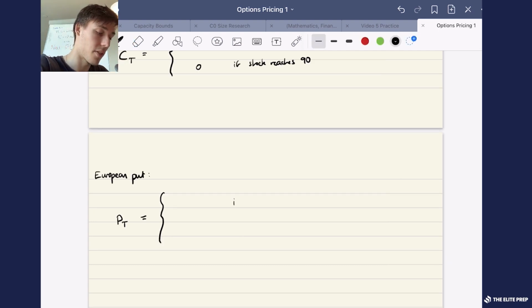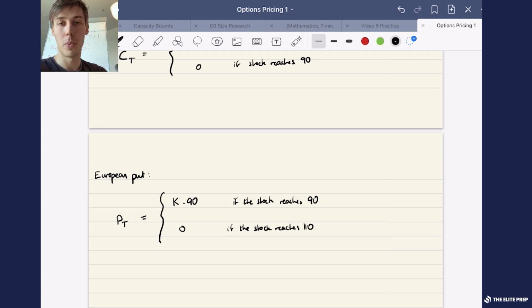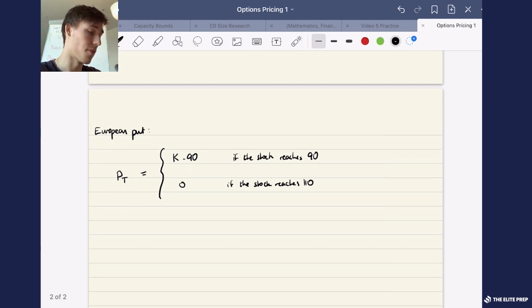So if the stock reaches 90, we get K minus 90, and otherwise we get 0 if the stock reaches 110. But now, how would we price something like this? We're going to restrict ourselves to pricing in the following environment.